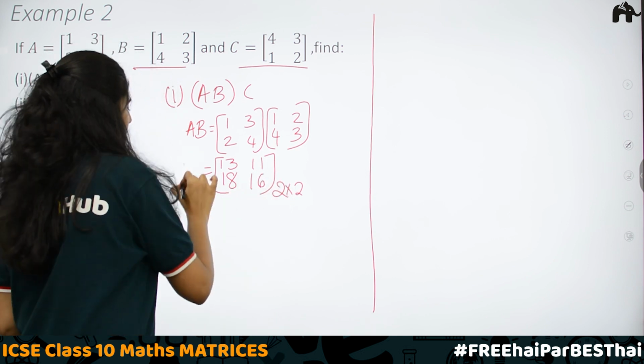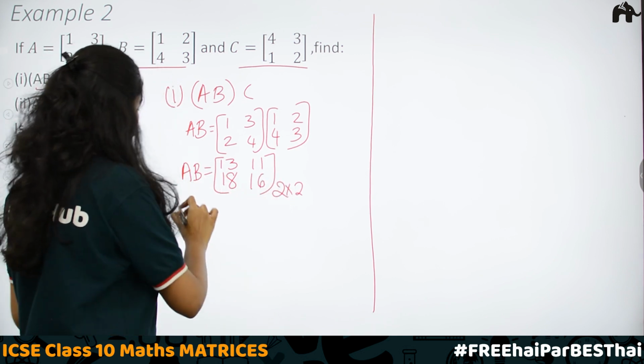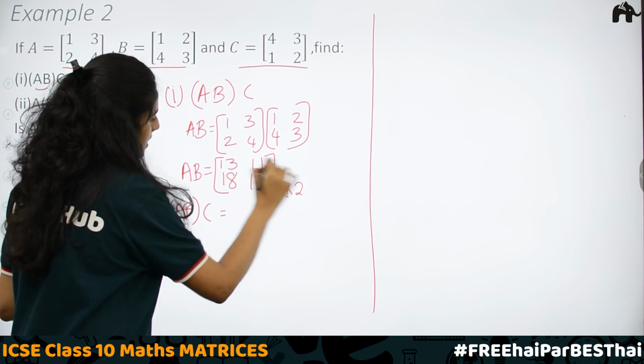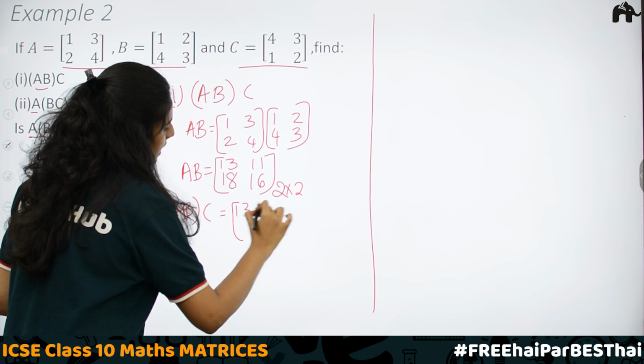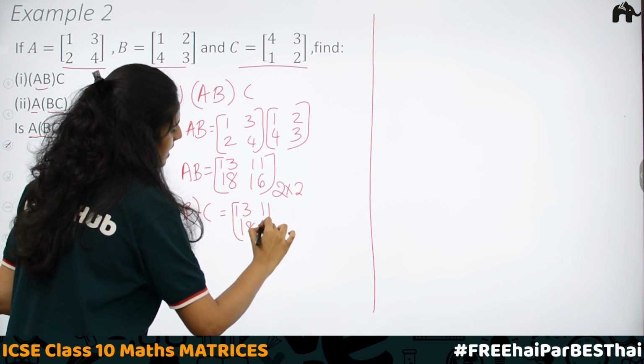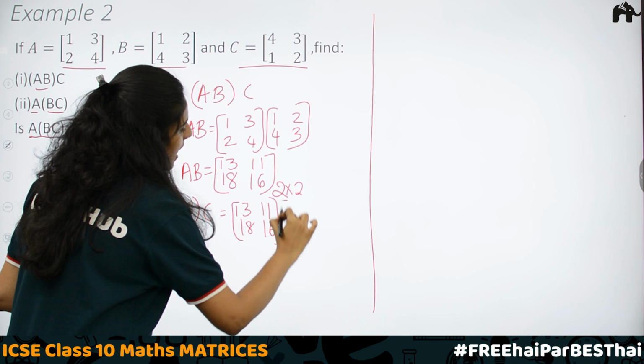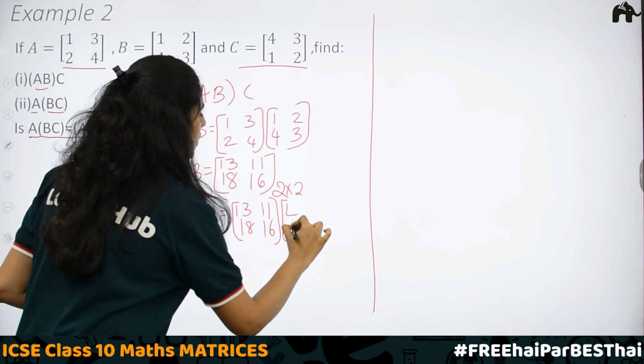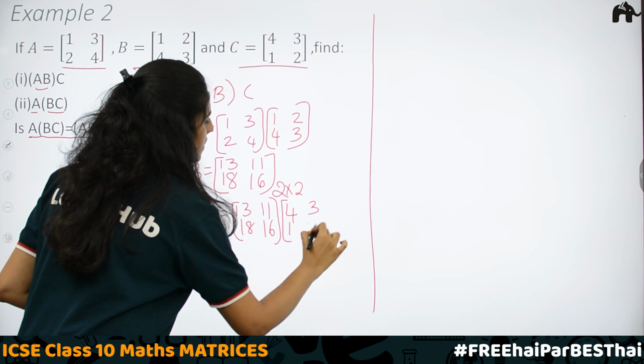We got AB. Next we have to find AB into C. This is AB, 13, 11, 18, 16 multiplied with C. Here we have C. 4, 3, 1, 2.